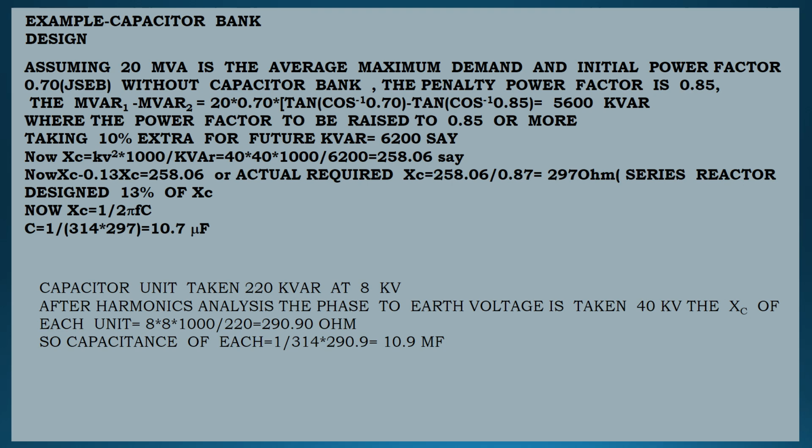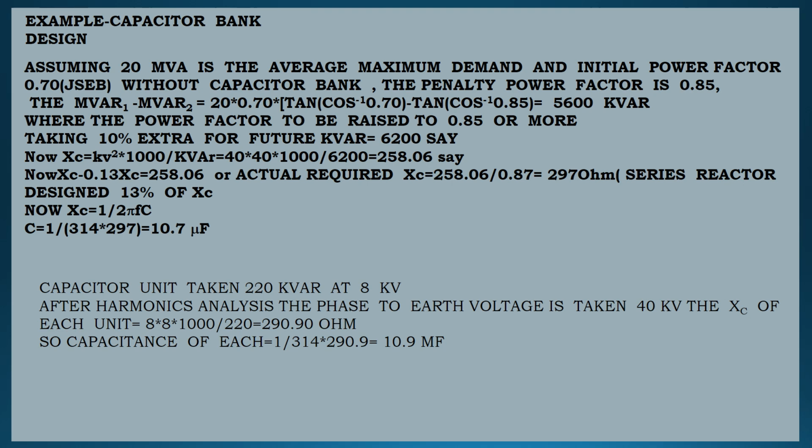Its rating is 8 kV, but our bus voltage is 40 kV. So we will take 5 capacitors in series so that each capacitor will absorb 8 kV. 5 into 8 is equal to 40 kV.